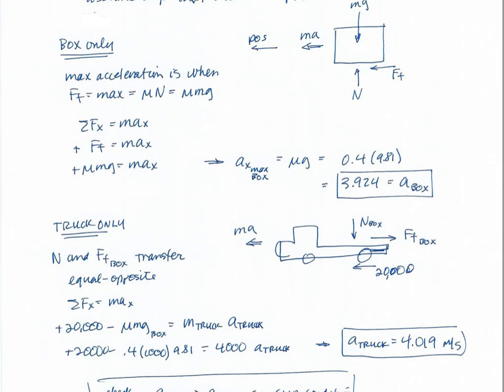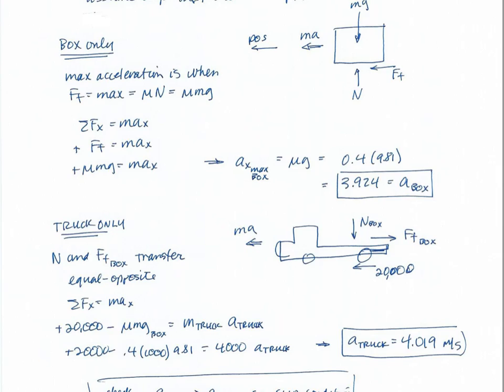It's also going to accelerate in that direction, but that force of friction is going to slow it down slightly, and I just set that up as 20,000 minus the mu mg from the box is equal to the mass of the truck times acceleration. And this is where many people made a mistake: they included both masses in the truck-only calculation, but it is only the truck, so it has only the 4,000 kilograms for the truck, and so the truck is accelerating at 4.09.